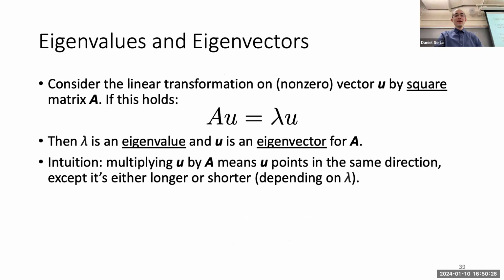So what does that mean? You take the vector u, you have the matrix A, you multiply it. That's the same thing as taking u and scaling it. Either you increase it or you decrease it, depending on what lambda is. So if you plot it in 2D, the vector would point in the same direction.